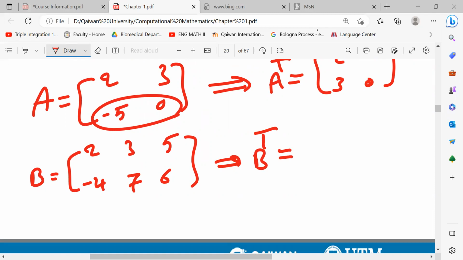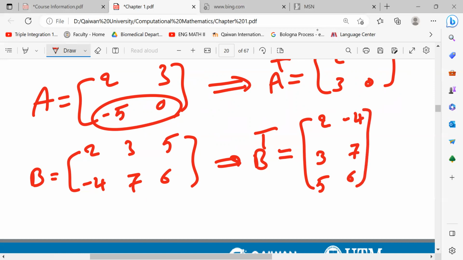So the first row becomes the first column, so it becomes 2, 3, 5. And the second row becomes the second column: -4, 7, 6. Do you have any more rows? No. So this is the transpose.